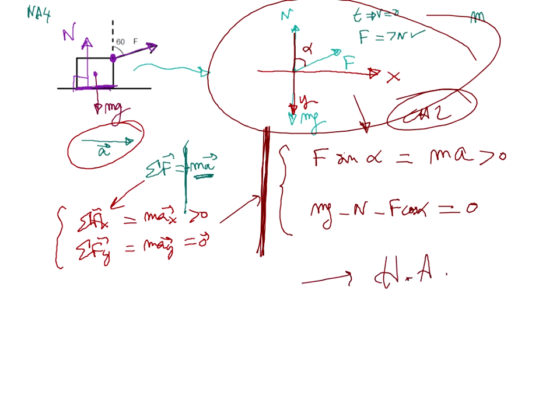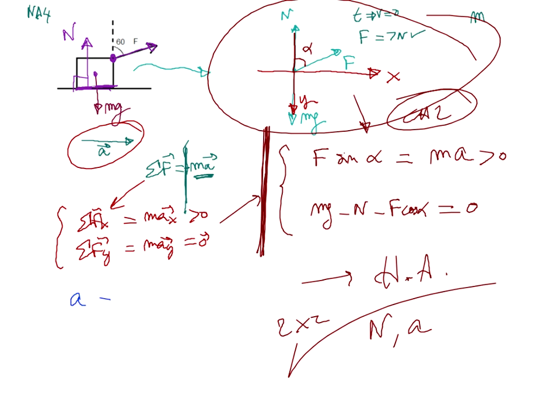We can solve for N, we can solve for a. System of 2 by 2. Just math. So at this stage, I usually do everything analytically. If you don't like analytical solution, just plug numbers at this stage and then solve for it. Put in your calculator, bing bang boom.